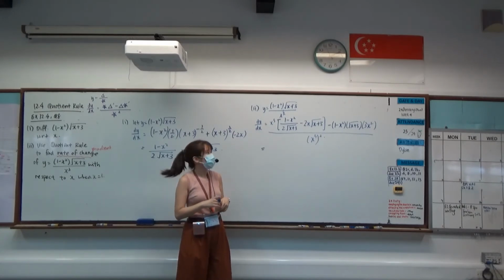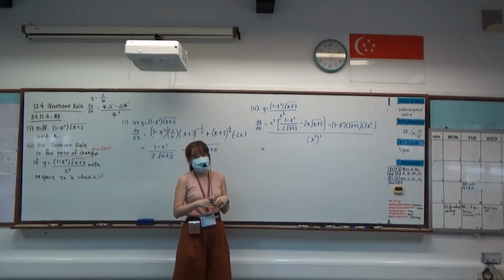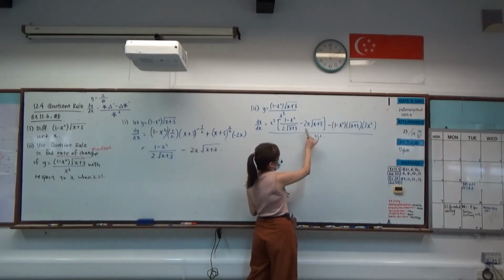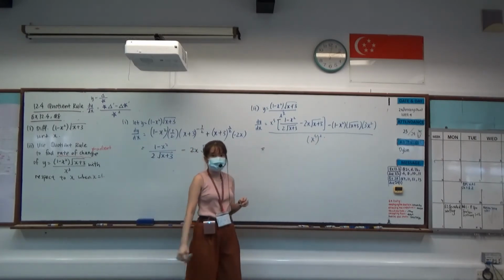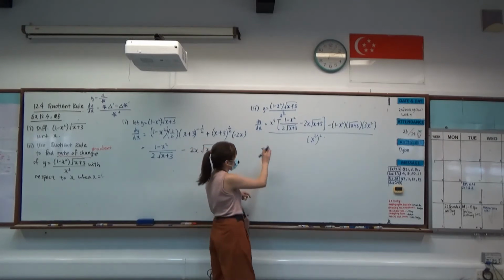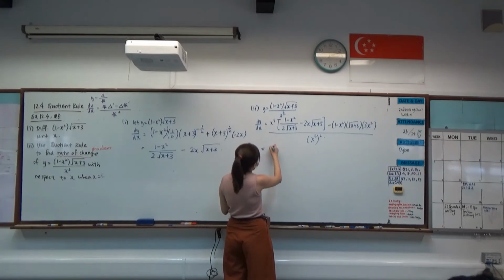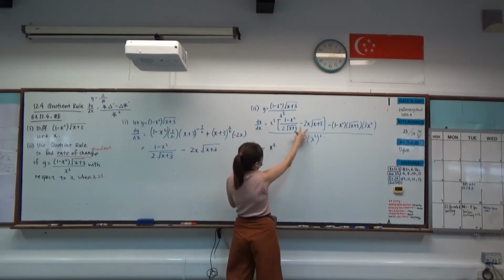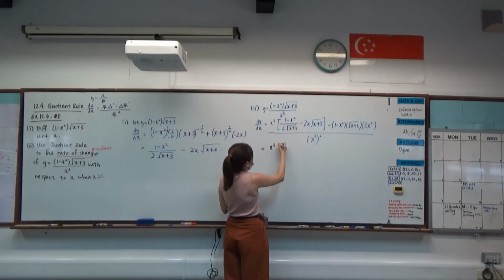Okay, so let's just start on that by making the things in the numerator having a shared common denominator. Let's keep the x cubed outside. Let's just do part by part. Let's do the things inside this bracket.